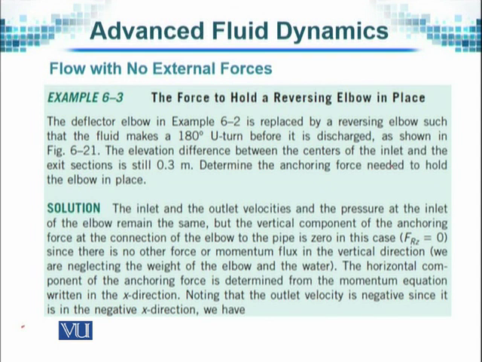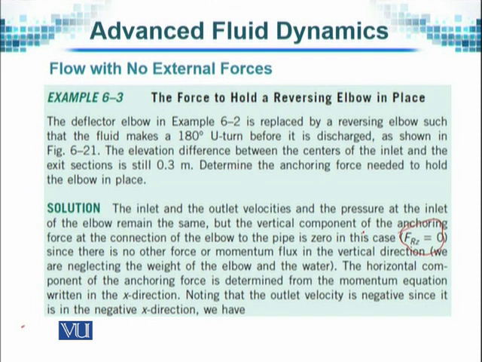Now we look at the solution. The inlet and outlet velocities and the pressure at the inlet of the elbow remain the same as in the previous example, but the vertical component of the anchoring force at the connection of the elbow to the pipe is 0 in this case. So therefore, the z component of F_R is 0, and there is no force or momentum flux in that direction.